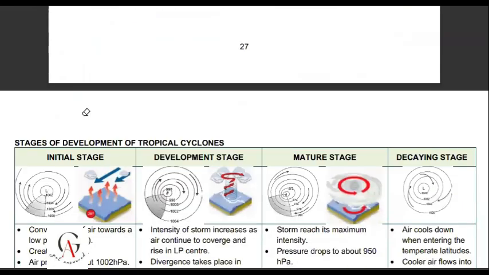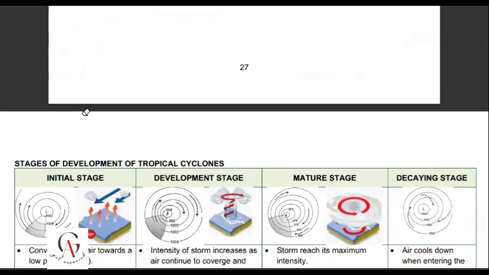And also, if you check the tropical cyclones, they have different names according to regions. We name them differently according to different geographical regions. For example, in Africa we call them tropical cyclones. They are also called hurricanes in other regions, and they are also called typhoons. Hurricane is typical of an American name.